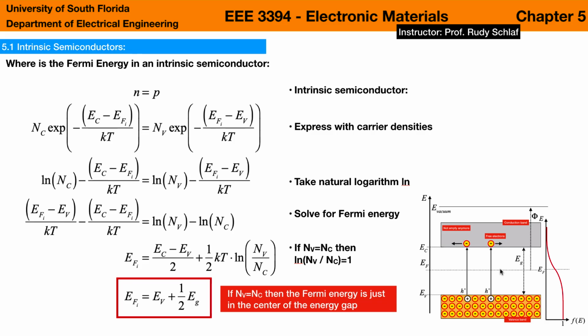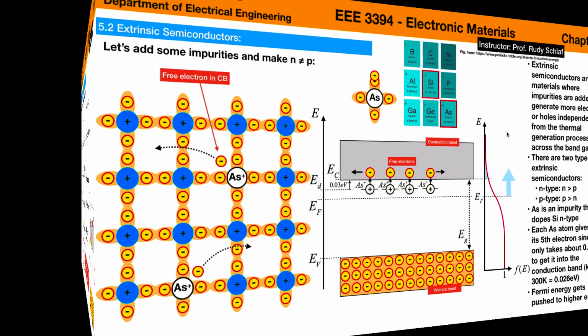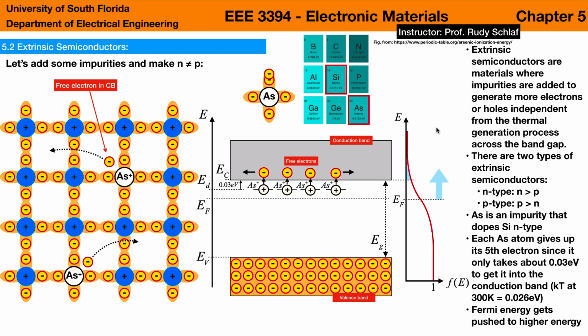The previous subchapter about intrinsic semiconductors dealt with the pure semiconductor material, so ideally no impurities, no defects, etc. And in that case, all the electrons in the conduction band came from the thermal excitation across the band gap.